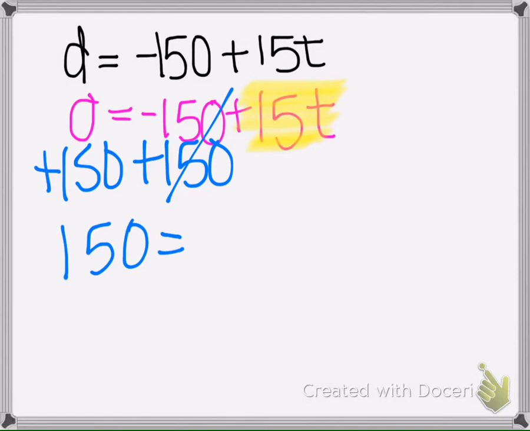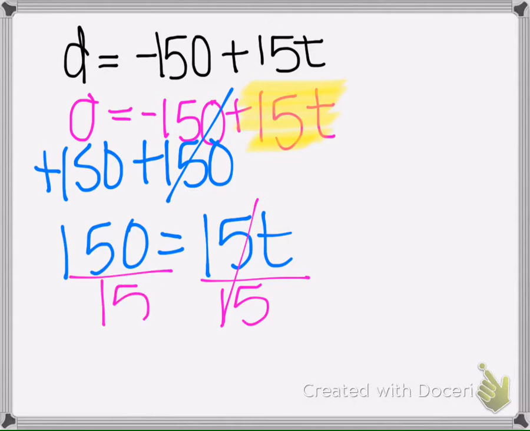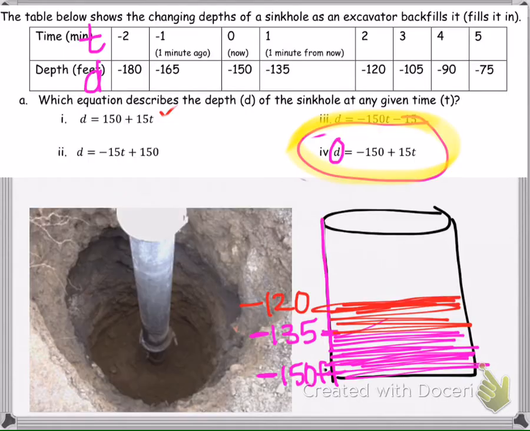And now that our variable term is isolated, we will divide both sides by the coefficient, which is 15. And we get that the time is 10. And it's in minutes, so 10 minutes.